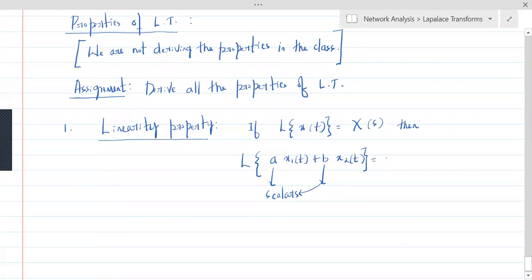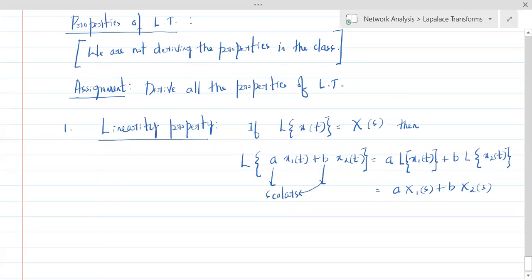So these scalars need to be kept out, and you have to apply the Laplace transform only on x1 of t. Keep the scalar b out again, and apply the Laplace transform only on x2 of t. So it looks like a X1 of s plus b X2 of s.